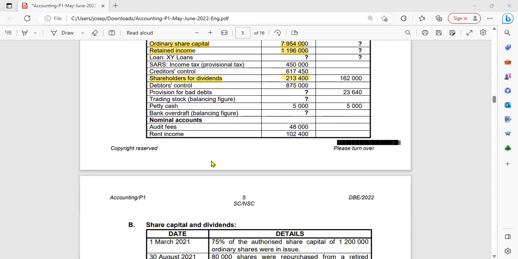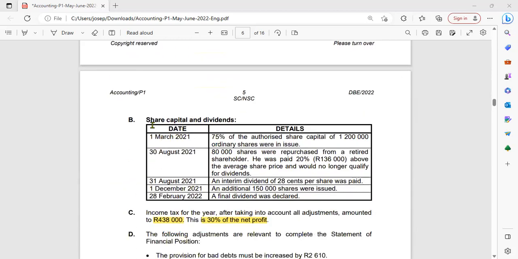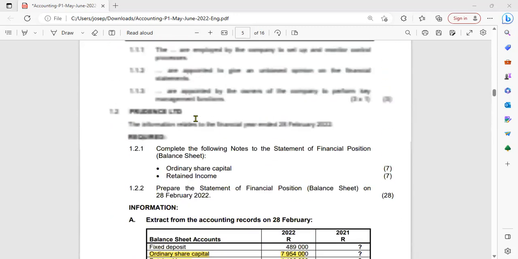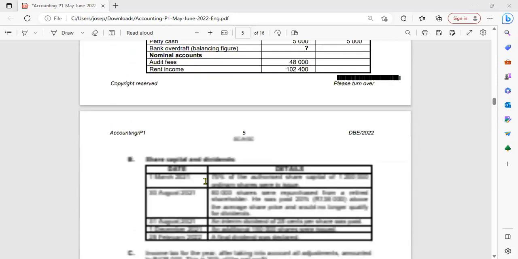So we are going to go through it. Okay. Information B says share capital and dividends. So this information B is going to assist us to complete ordinary share capital as a note, right?